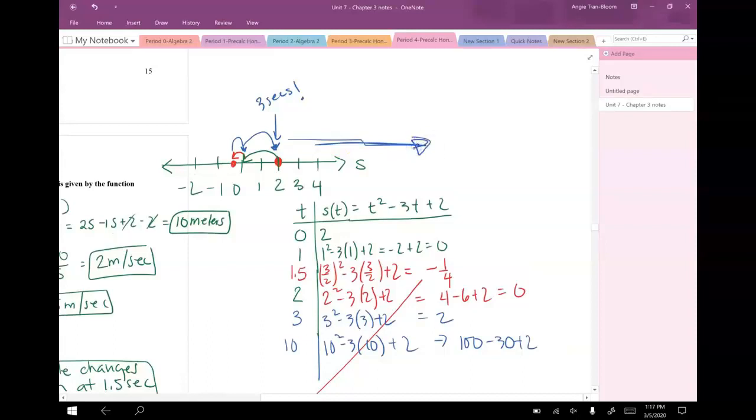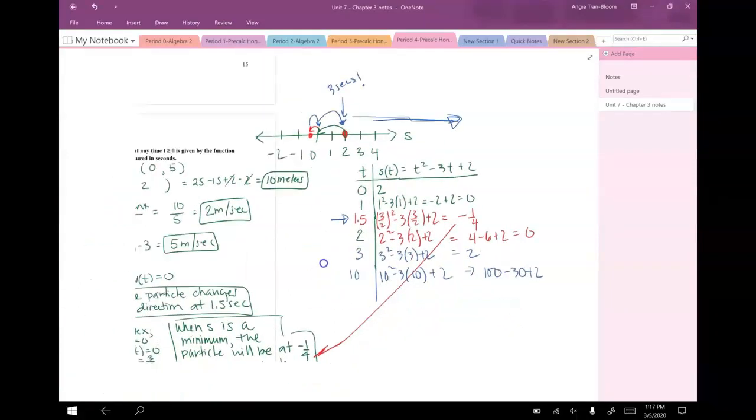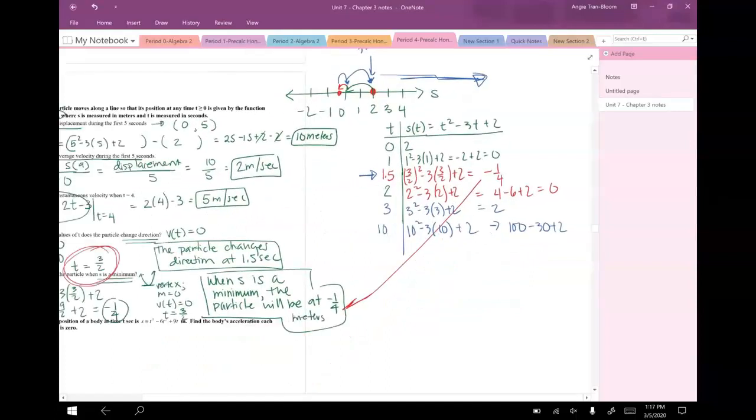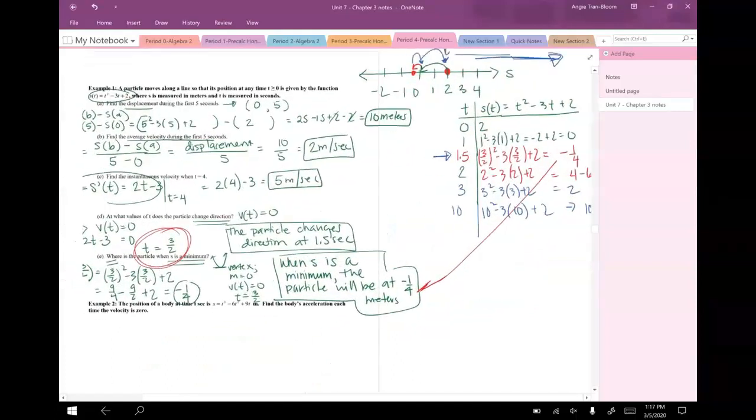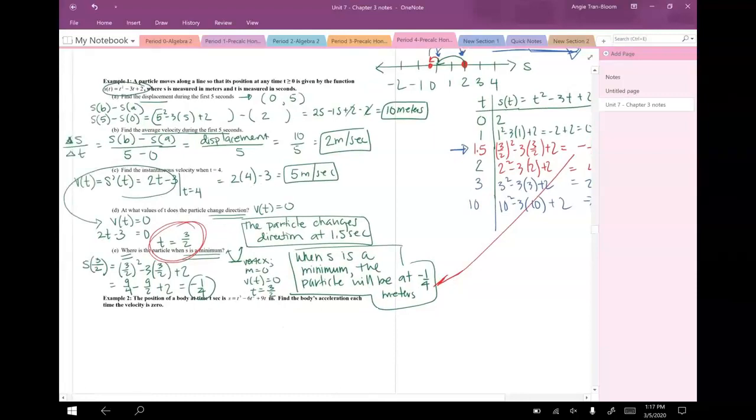So as you can see, it started out going left until 1.5, and then it went right indefinitely. Okay, so this is really what's going on with this object. I know, it's really cool, right? We'll touch more on that later. But right now, that's what all of that connection is.